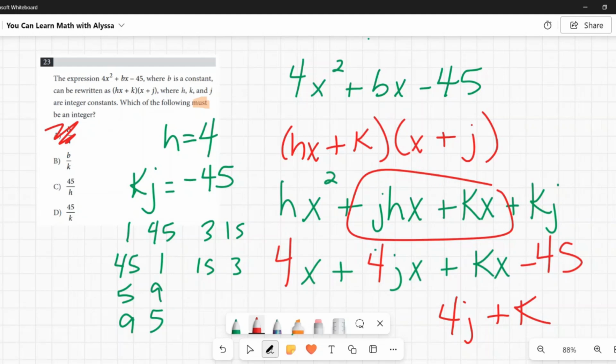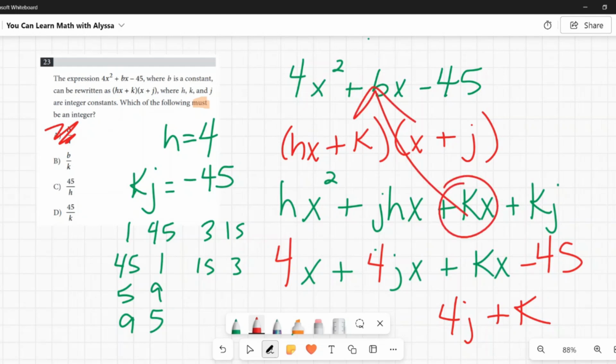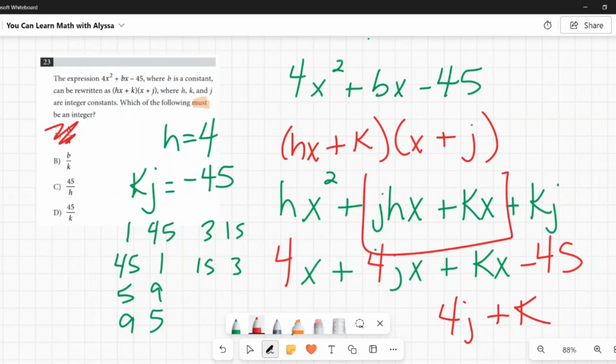All of these are being divided, so we want the opposite to be true, that two numbers are getting multiplied together to form this number. For the previous one, what's being multiplied together to get the h? Well, h is not getting multiplied by anything. That was A. And then B, we have b divided by k. k is getting added into something to form b. These two are getting added together to make b, but they're not getting multiplied by anything to make b.